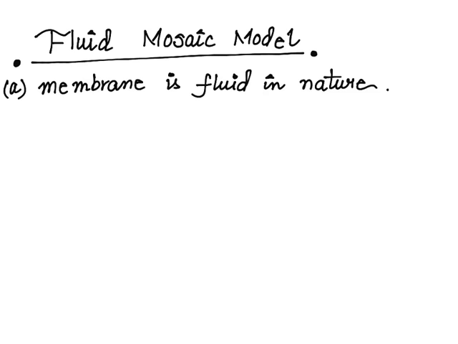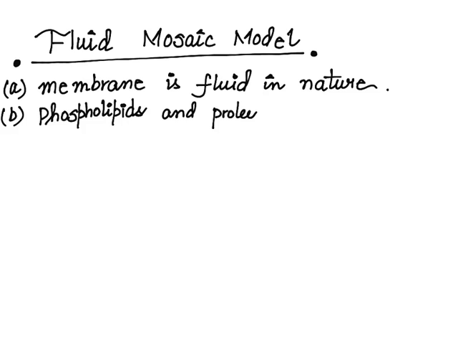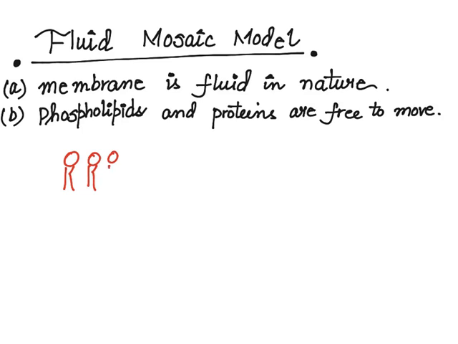Now, what does that mean? That basically, in scientific terms, it will mean that phospholipids and proteins are free to move through the membrane. All right, so let us take a look at how the movement actually happens in the plasma membrane. So we'll again draw the structure like I shared with you earlier.